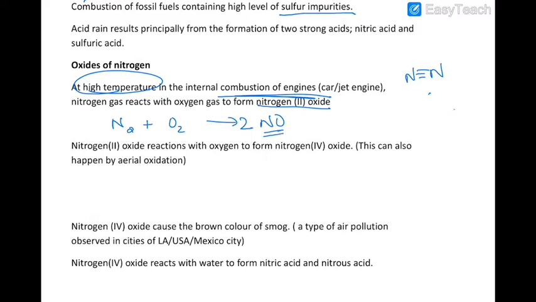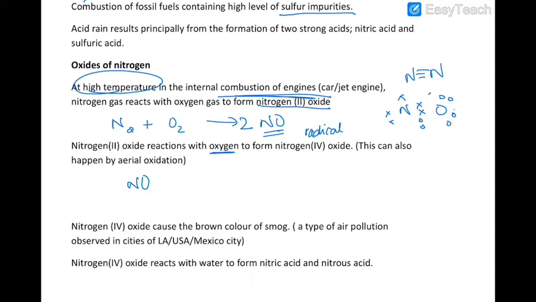Now, the nitrogen oxide which is formed is actually a radical, which means that it has an unpaired electron. It does not form an octet. As you can see, it has an unpaired electron, which means that it's going to react very easily with something else. Because there is presence of oxygen, it's going to react further with oxygen.